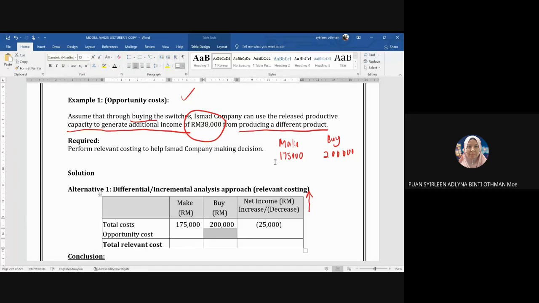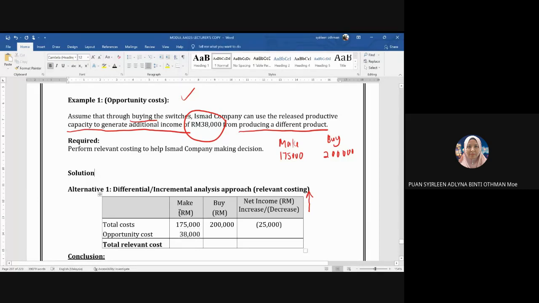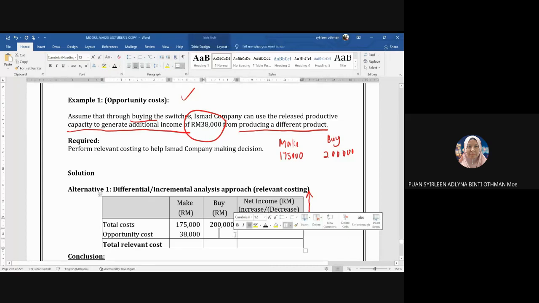Seolah-olah macam make yang terpaksa tanggung that 38,000 because you are not able to produce that additional parts to sell to increase your additional income. So katakan madam letak di sini. Boleh. So you ada dua alternatif. That 38,000 kalau dia letak dekat make, kita letak saja sebagai 38,000. Tapi if I want to put that opportunity cost dekat buy, that 38,000 ni akan duduk dalam bracket.